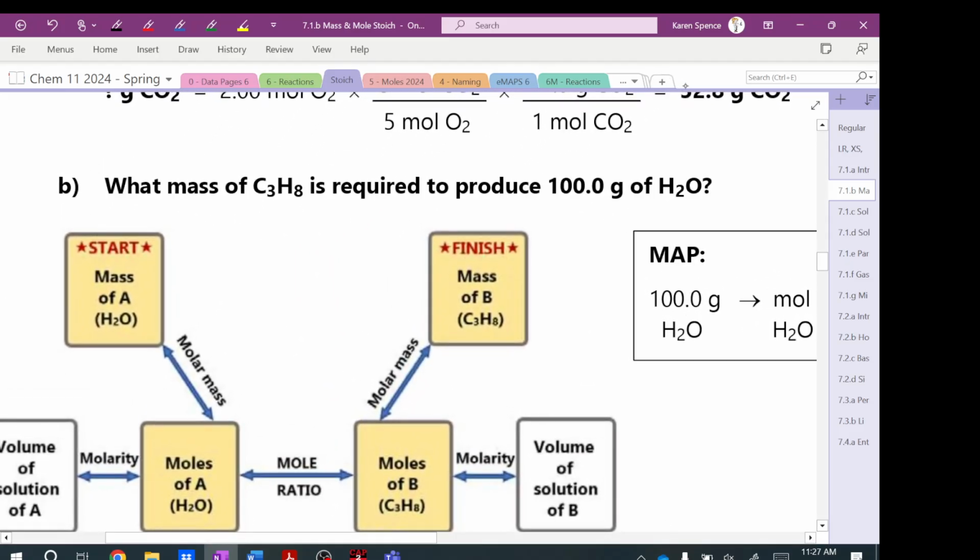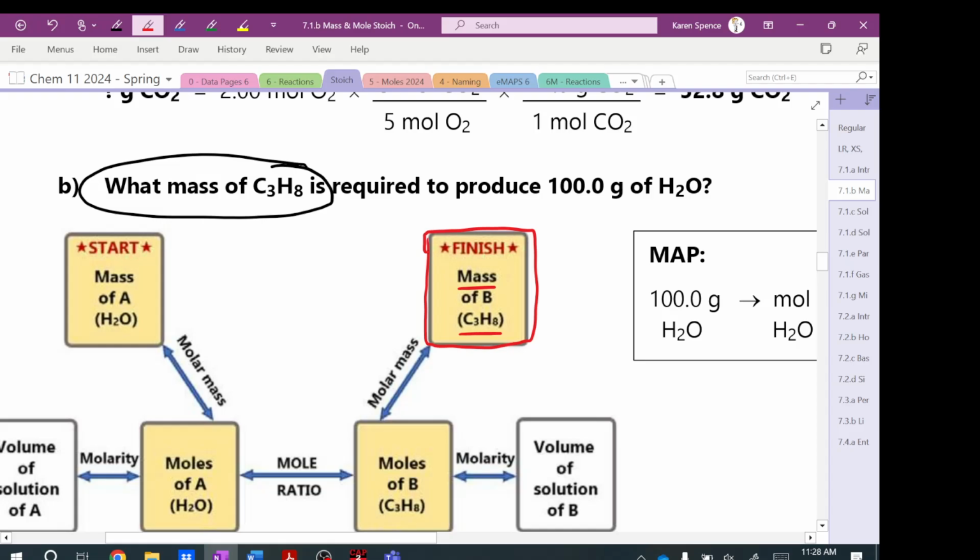This one, we want to know the mass of C3H8, so that's where we want to finish. That's our mass of C3H8. That's what we want to end up with. And we are starting with 100 grams of water. So we're going to go through 1, 2, 3 steps.